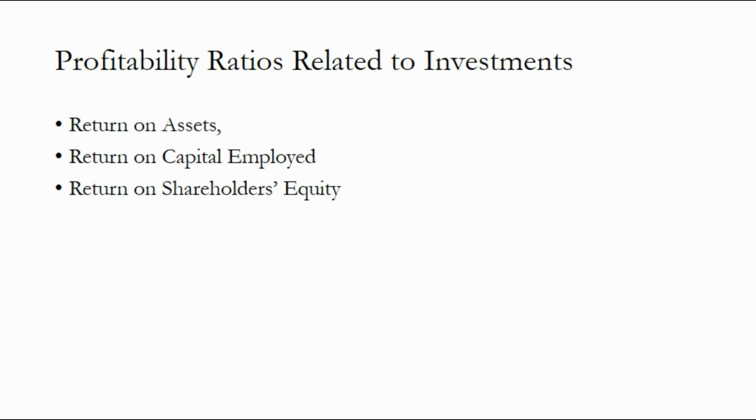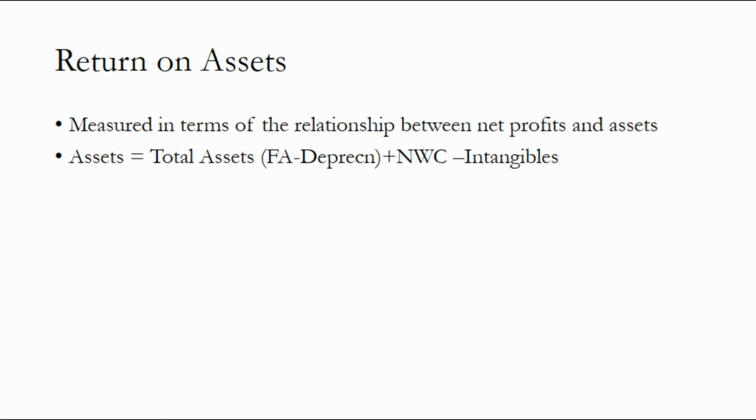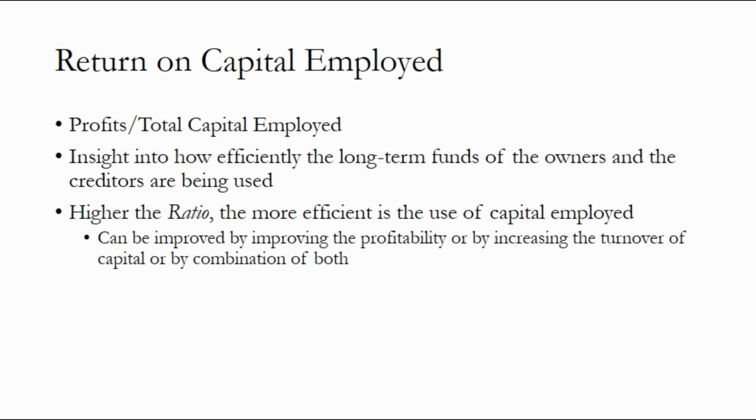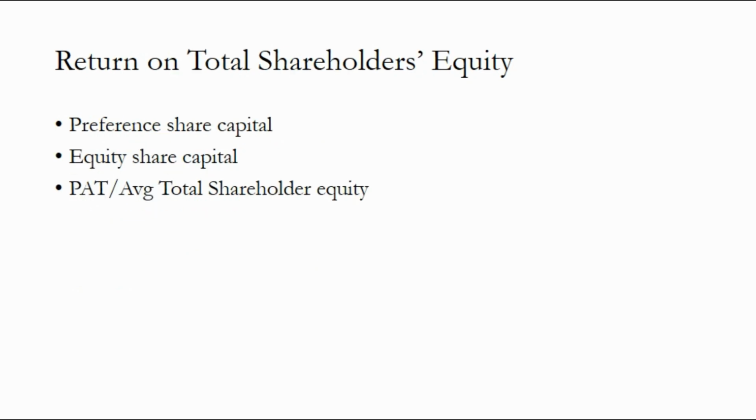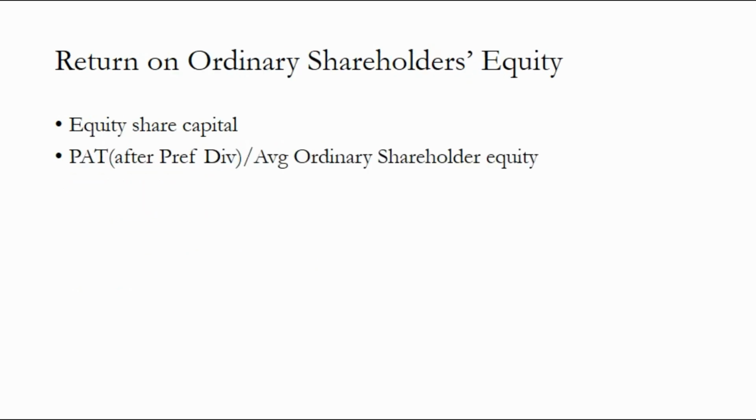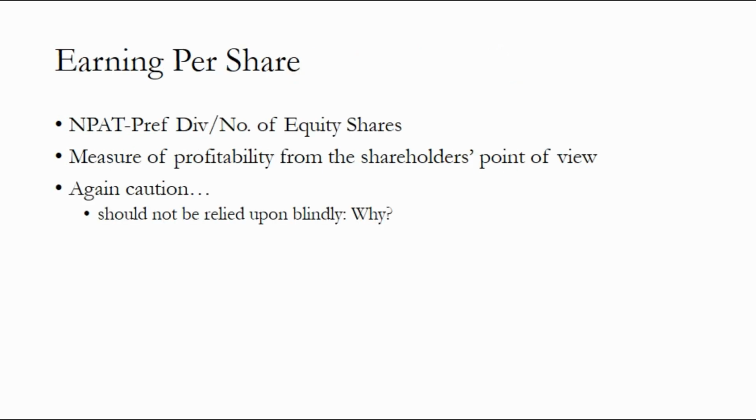Profitability ratios related to investment are return on assets, return on capital employed, and return on shareholders' equity. Return on assets is measured in terms of the relationship between net profit and assets. Return on capital employed is profit divided by total capital employed. Return on shareholders' equity includes return on total shareholders' equity, return on ordinary shareholders' equity, and earning per share.